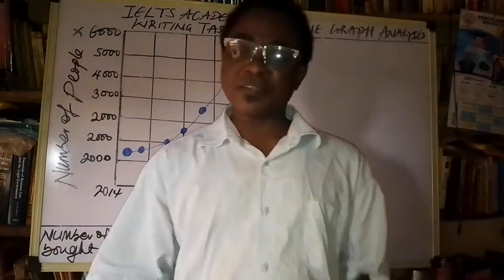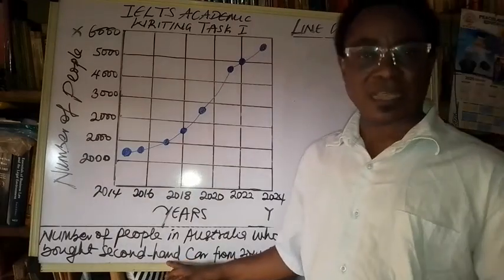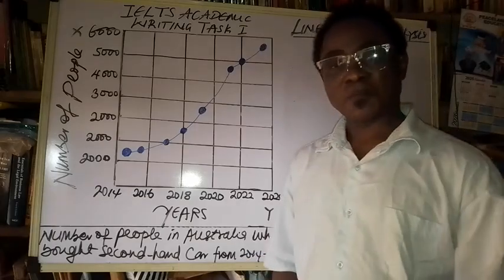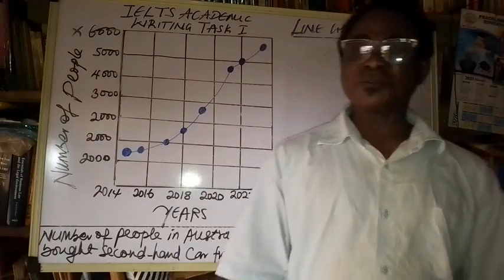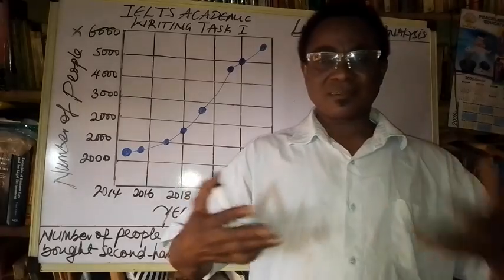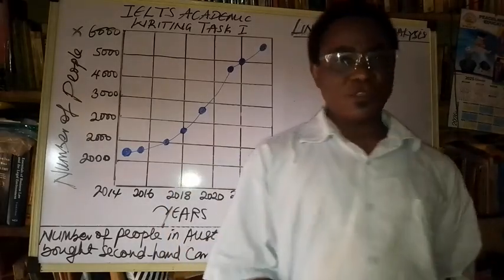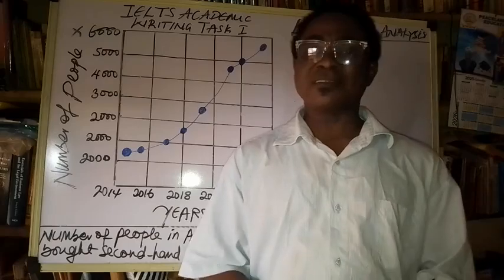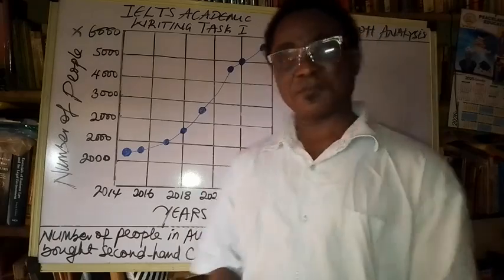Now, writing this kind of report, writing a report on the analysis of a given statistical model, the writing is often about changes in values, the highs and the lows. To be able to do this, of course, you need the right kind of vocabulary to express yourself.